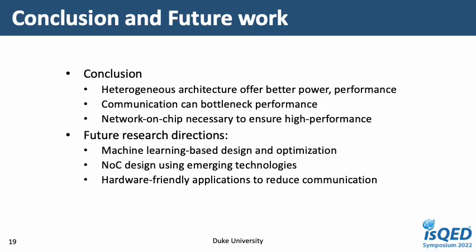And finally, to conclude, we have seen that heterogeneous architectures offer much better power performance compared to the traditional homogeneous systems. However, communication can result in performance bottleneck. We have seen that in the case of the CPU-GPU based heterogeneous system, we can have this many to few traffic, which can bottleneck performance by causing a traffic jam on chip.